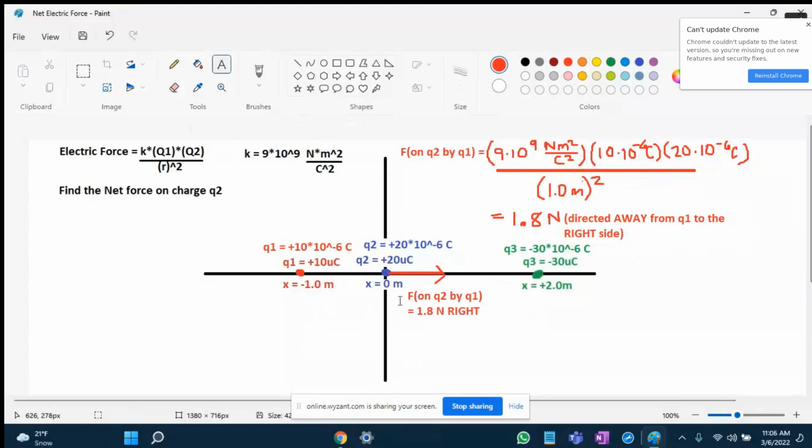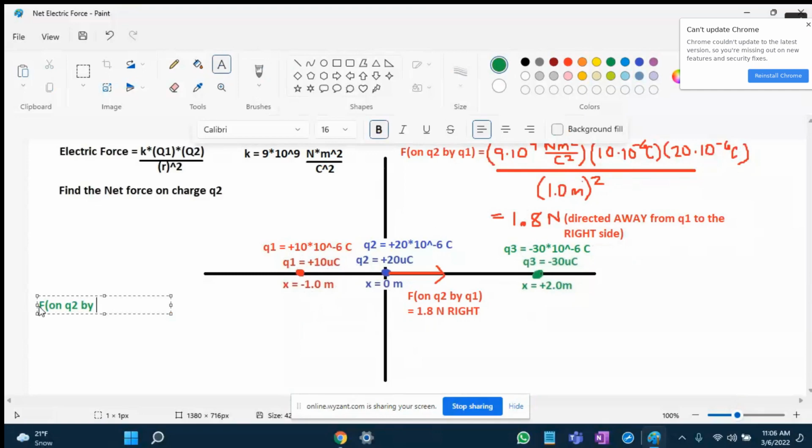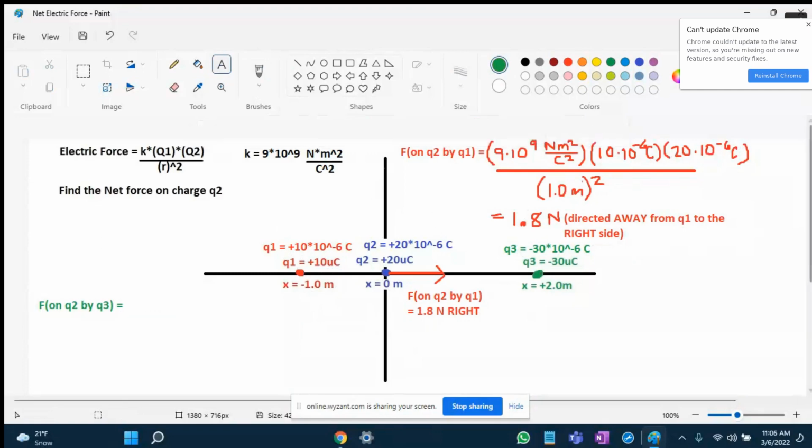Next, we can calculate the F on Q2 by Q3, and using the same formula, it would be K times Q3.